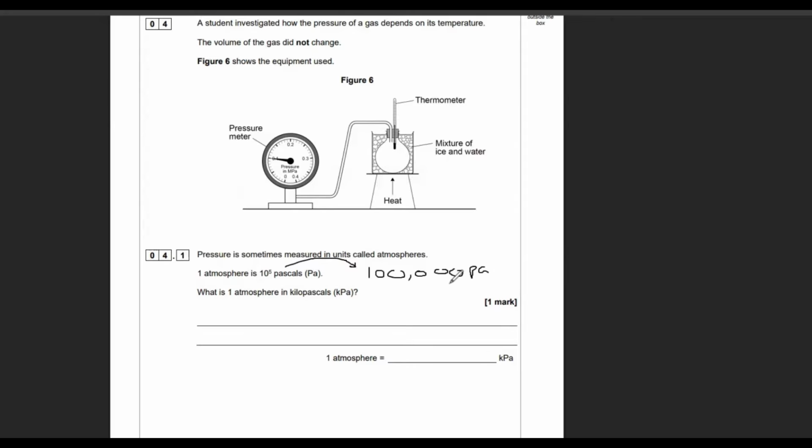Now, what is that in kilopascals? Well, I need to divide by 1,000. The k stands for kilo. So 1 atmosphere is 100 kilopascals. There you go. Lovely jubbly. Let's give ourselves a mark.